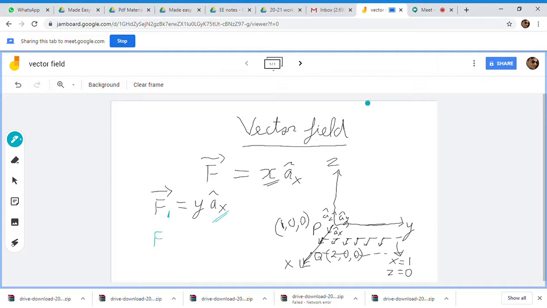Try this one as well. Just try to draw in your copy, and let us see whether you are getting this or not.